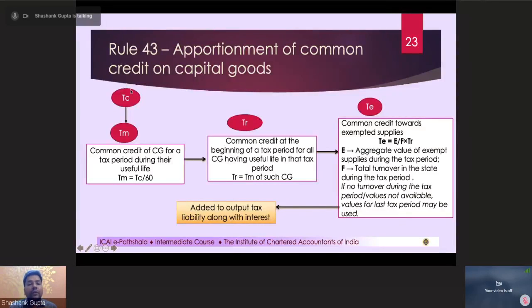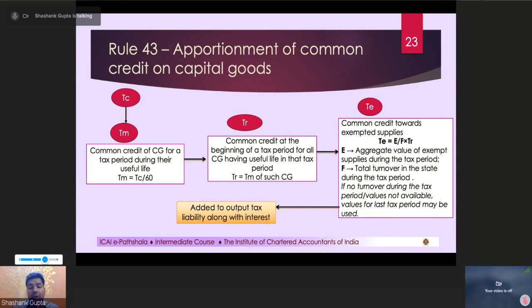So you have to divide the total credit by 60 and then you will come at the monthly credit. This monthly credit then needs to be multiplied by the ratio of exempt turnover by total turnover. And the value that comes needs to be added to the output tax.